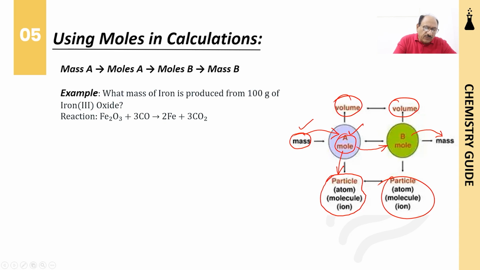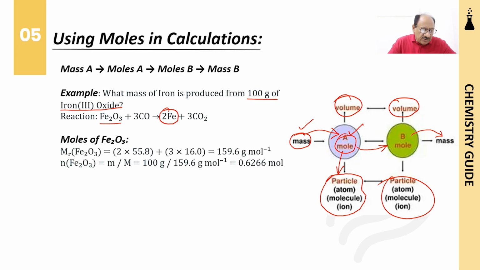So this is the question: what mass of iron is produced from 100 gram of iron 3 oxide? Iron 3 oxide is this one. So how many grams are produced? We can write the balanced chemical equation. Always you need to use the balanced chemical equation for these types of calculations. And we can see the moles of Fe2O3, iron 3 oxide, are how many moles?